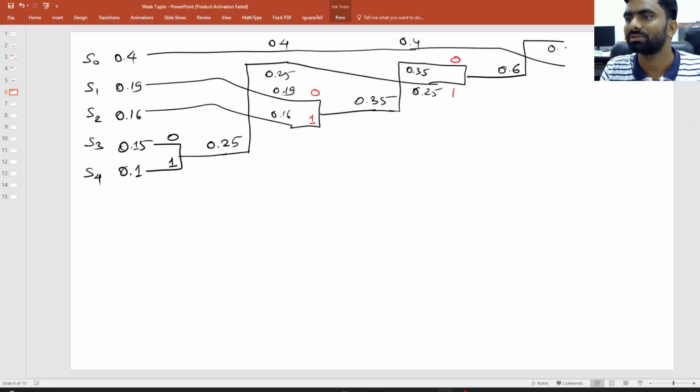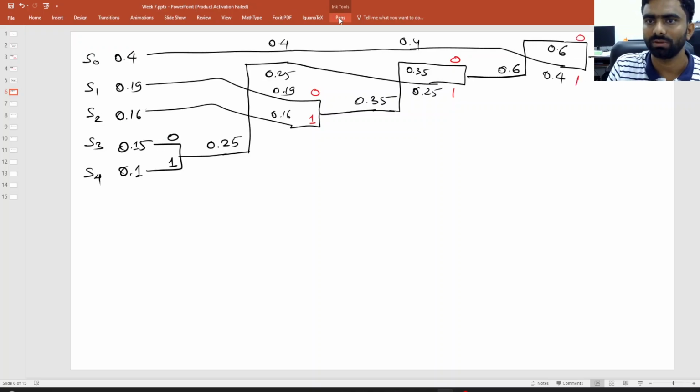Now fuse them, get 1. You have to stop when you get probability 1. Clear? Symbol assigning, that is 1 and 0.